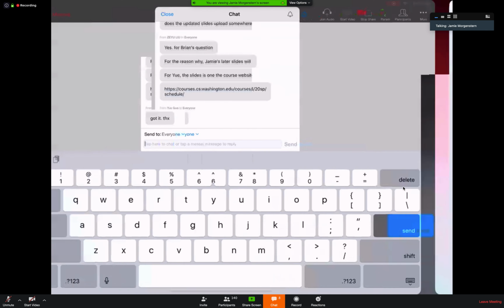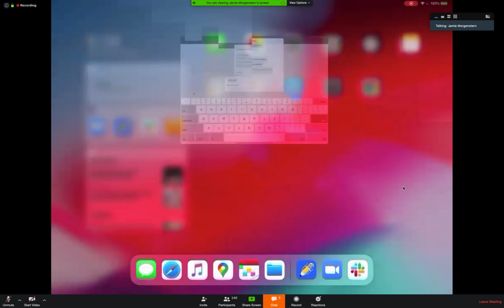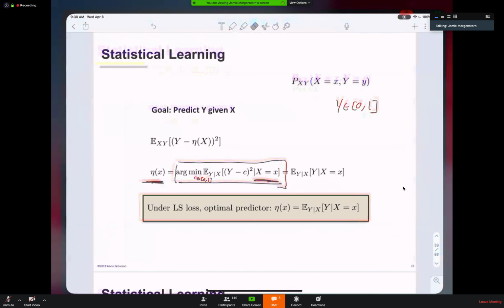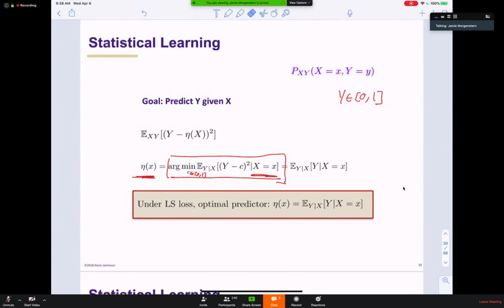So we can think about what exactly it's going to look like to predict for a particular x. And in general, if what we want to do is minimize our squared error for a particular x, that's equivalent to just predicting the expected value of y given x.